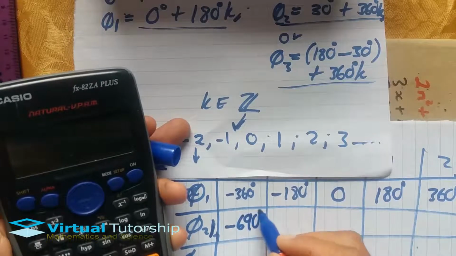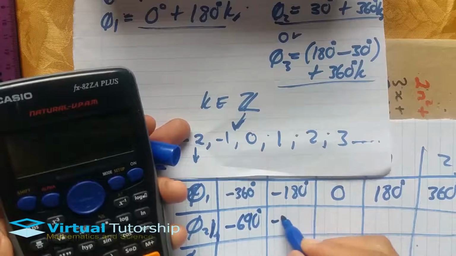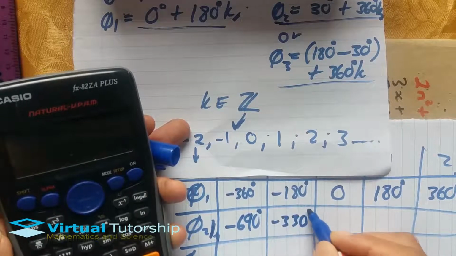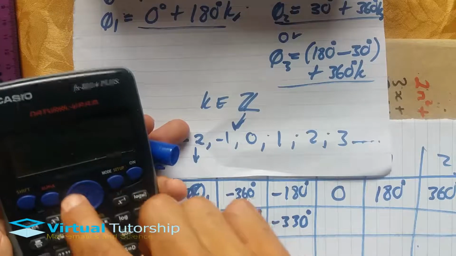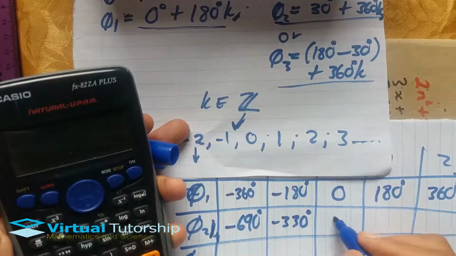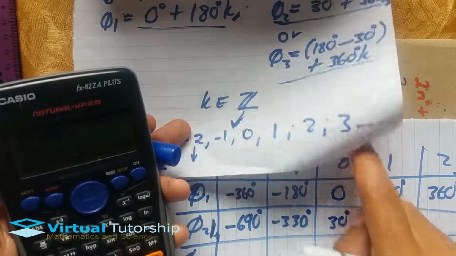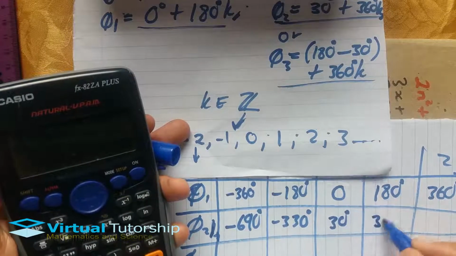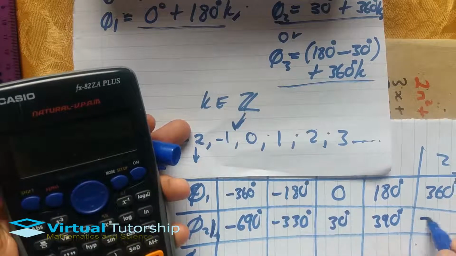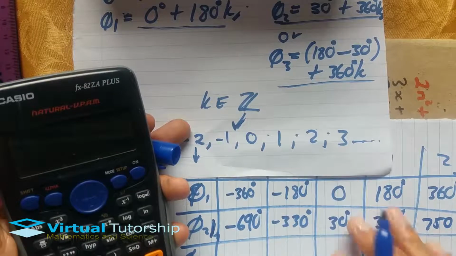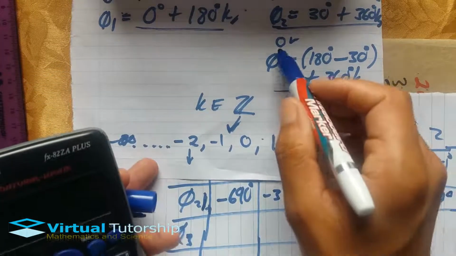Minus 690 degrees, minus 1, minus 330 degrees, 0 is equal to 30 degrees. K nangabe 1 is equal to 390 degrees, times 2, 750 degrees, ne?